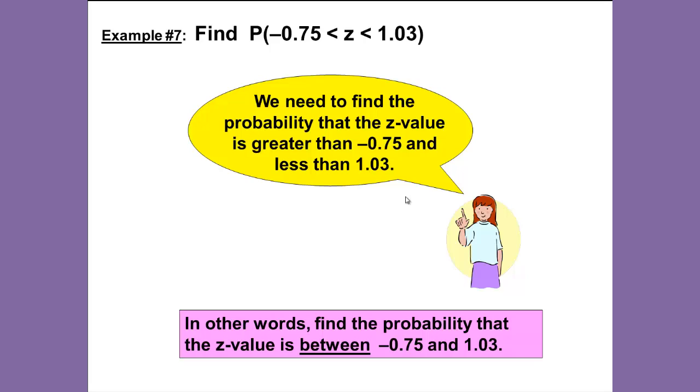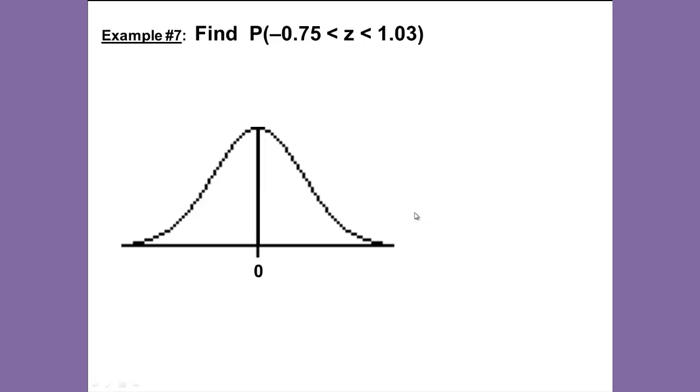The z is between those two values when you look at it, and that's what it really means. The first thing that we want to do is to draw our curve and mark the two values: negative 0.75 to the left, the positive 1.03 to the right of the 0. Since z is between those two, we will shade between those two values. That will be our answer.